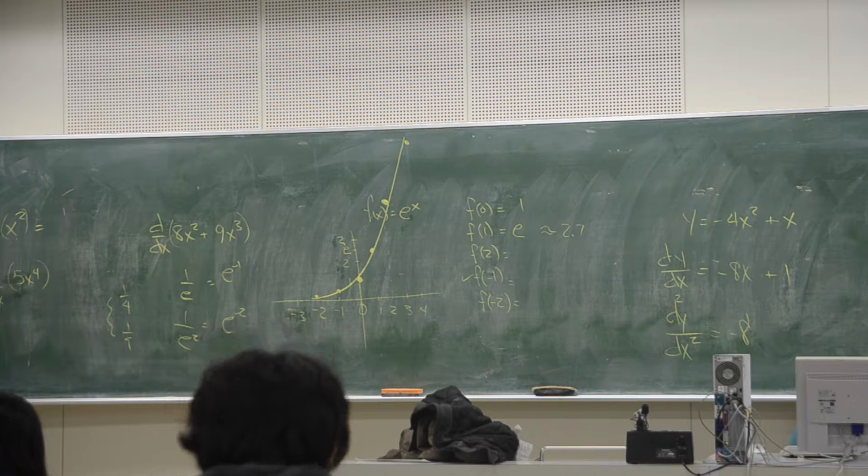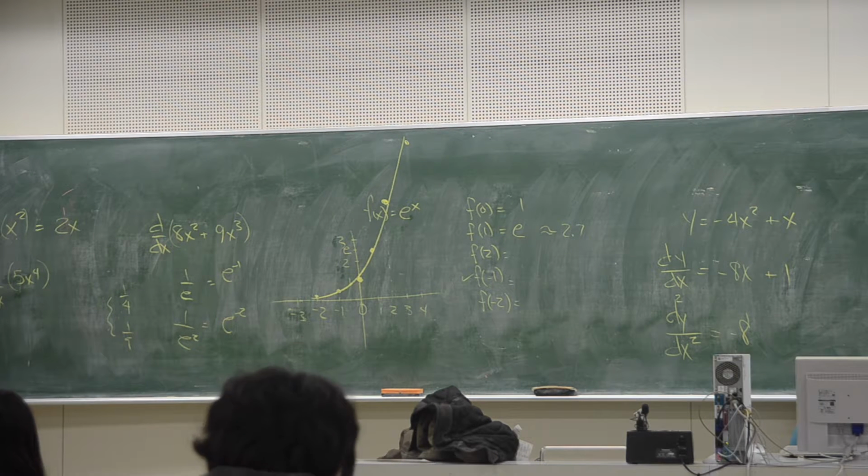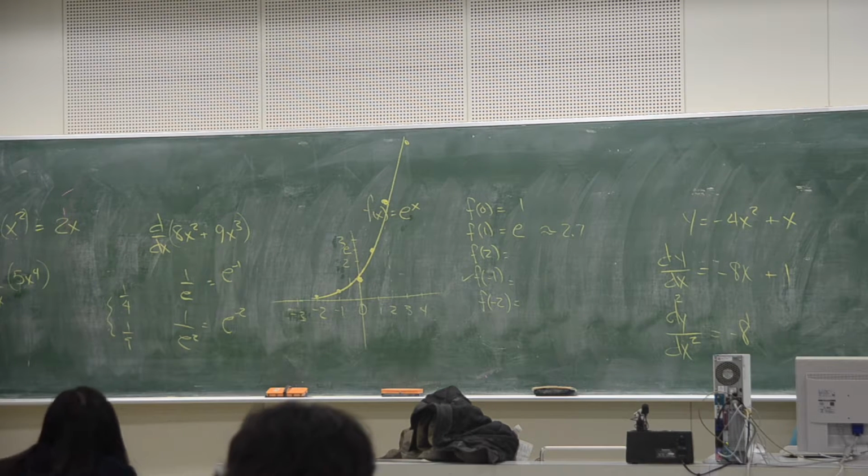And the derivative does what? It tells me the slope of this function, right? So for this function, we know the derivative is 2x, and 2x is supposed to tell me about the slope of this. For example, when x equals 3, the height is 3 squared, because this function is x squared.